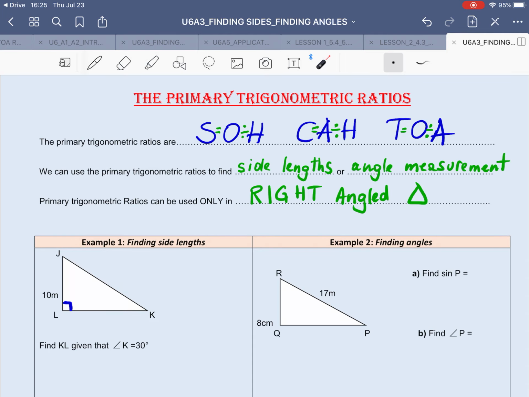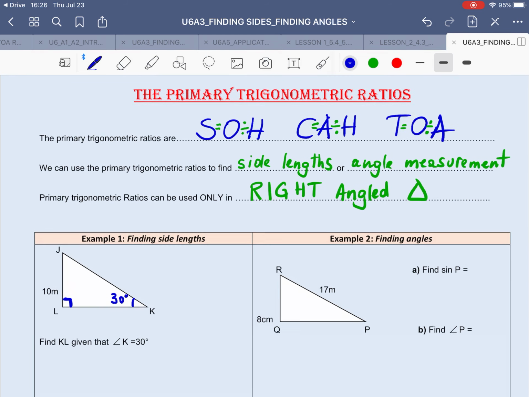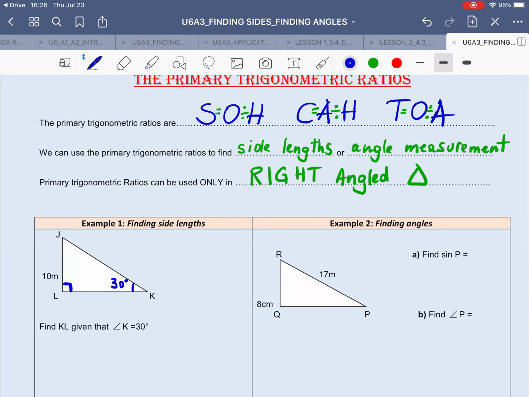Okay, so usually, especially when I write geometry problems, I like to plot all the information on the diagram. So I'm going to write here 30 degrees for the angle K, which is given. Now, once you jot down the information, the next thing that you want to do is label the sides of the triangle by using the terms opposite, hypotenuse, and adjacent.